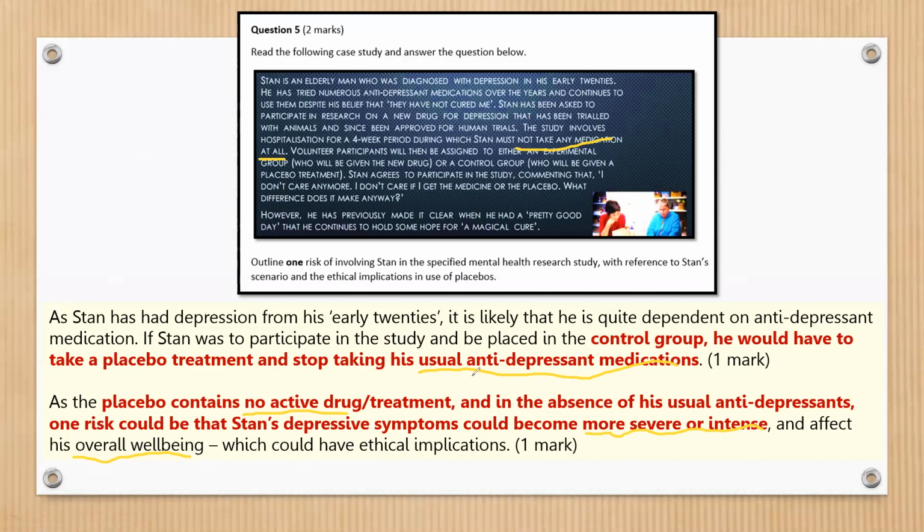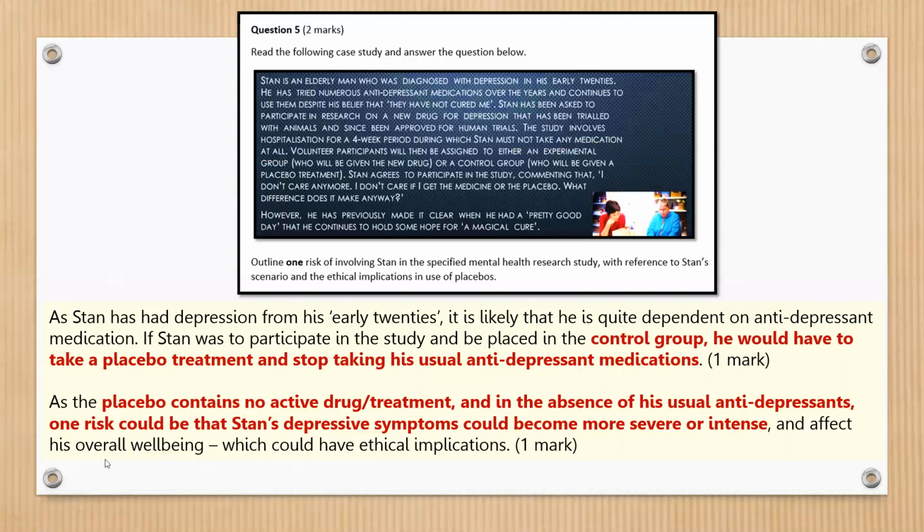Okay, so essentially that's where the 2 marks come from. Number 1, talking about what the point of the placebo treatment is and what the implication of that is for his current medication practices. And number 2, linking that to how it's going to exacerbate or worsen his current depression and the depressive symptoms he might experience.